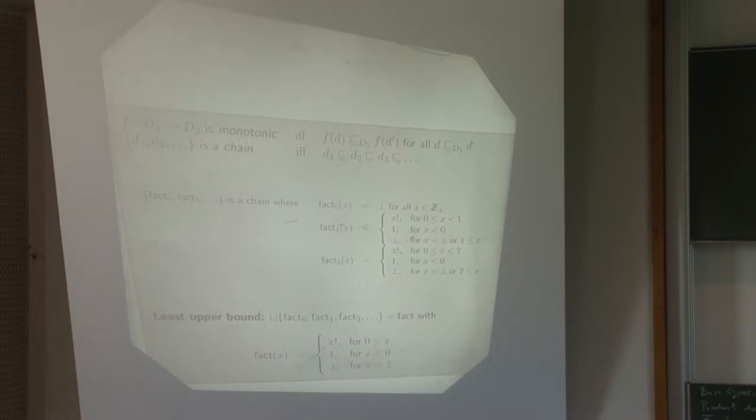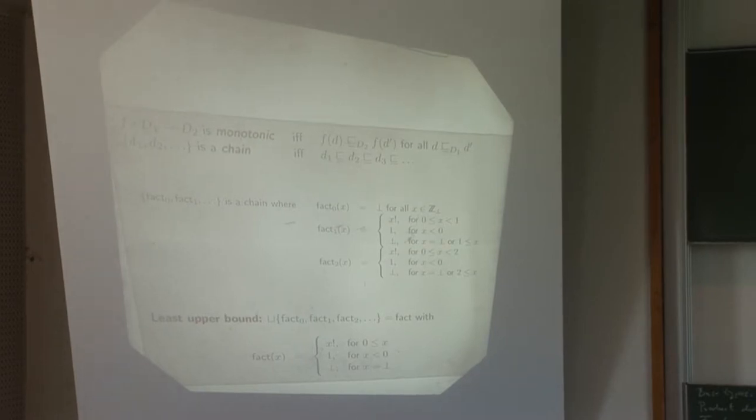So these functions become more and more defined, and the limit that you reach, so the least upper bound of this chain, is this function fact, which happens to be the factorial function. So this really computes the factorial for all positive numbers. It's only undefined for bottom. So this is how we are going to define the semantics of recursively defined functions.